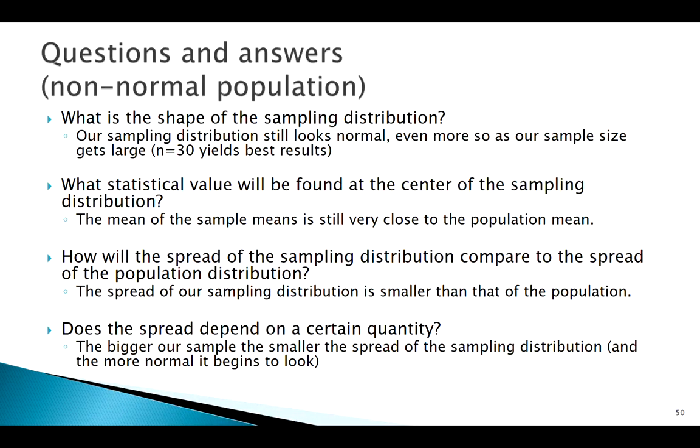The answers to all of these questions are basically the same. Here is where we see the difference. The sampling distribution starts to look more normal as our sample size gets big. Once we got to 30, we were in pretty good shape.